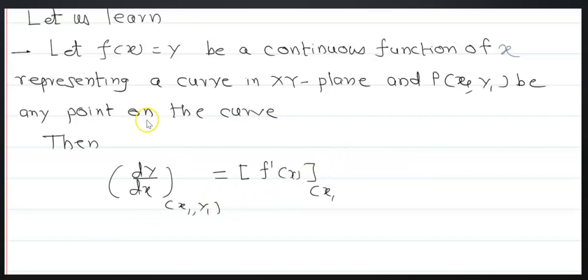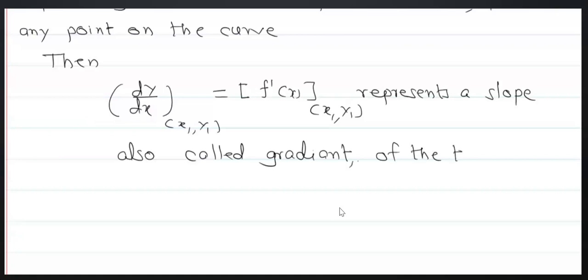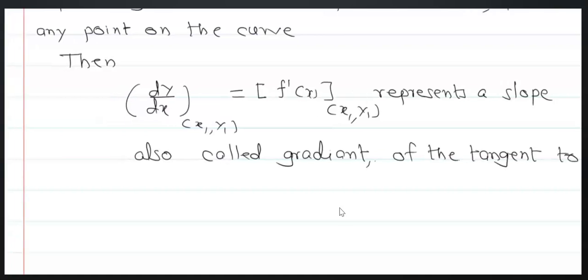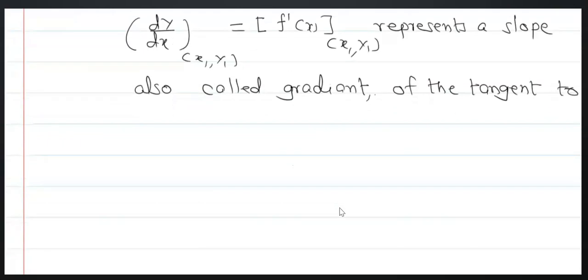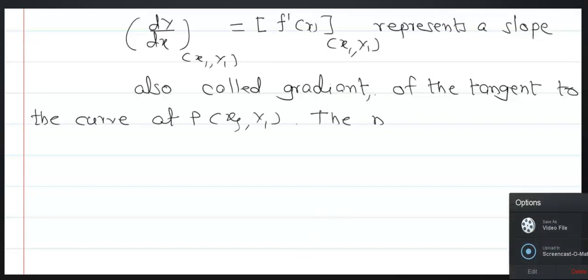If we find its derivative at the point x1, y1, that is f dash of x at the point x1, y1, it represents the slope, which is also called the gradient of the tangent. To find the equation of a line, we require a point on the line and also its slope.